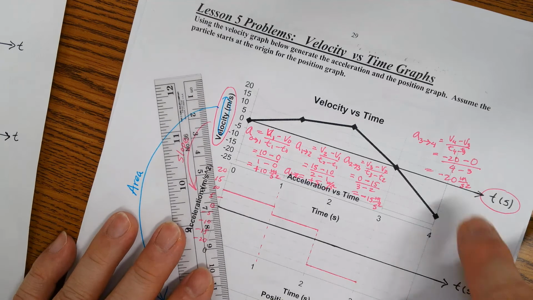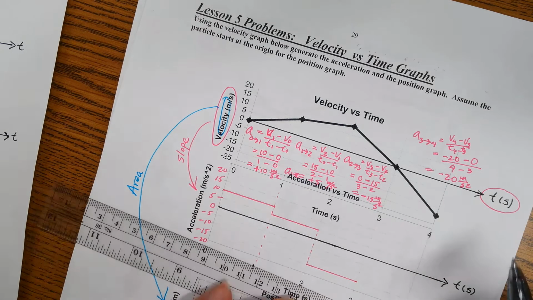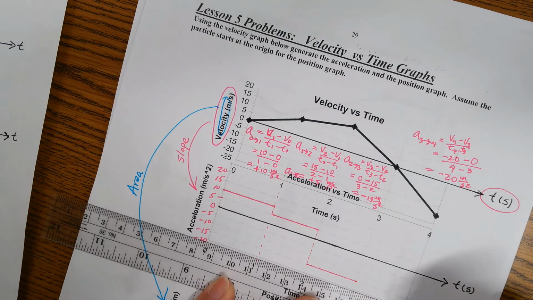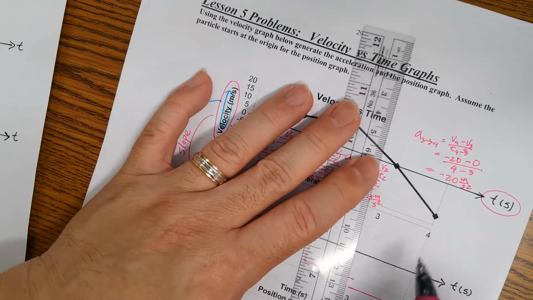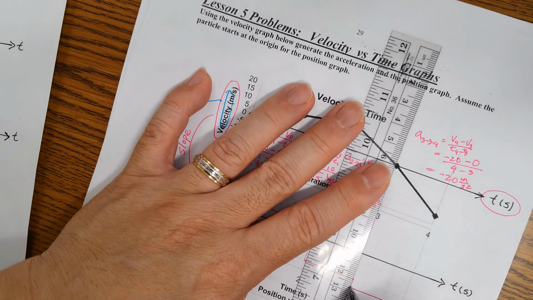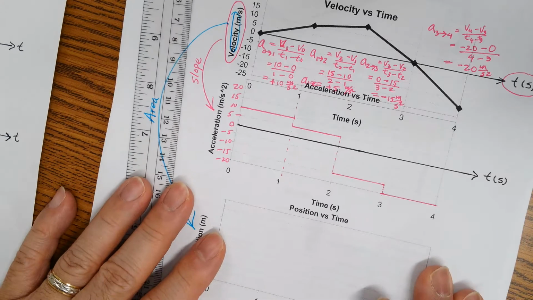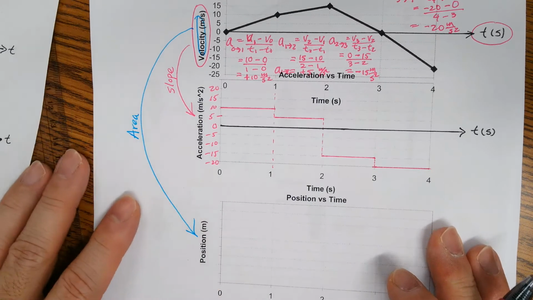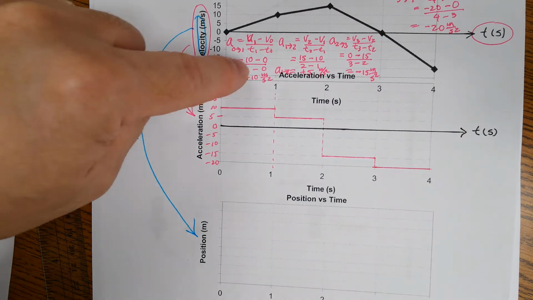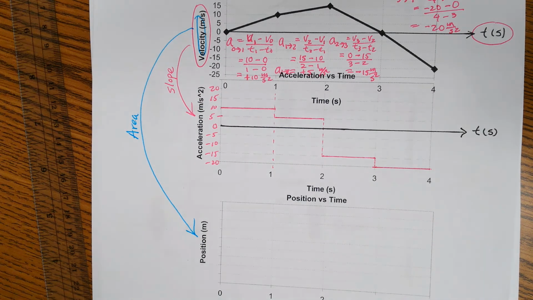And 3 to 4 seconds is negative 20 meters per second squared. So that would be the acceleration versus time function from looking at this, which is the velocity versus time graph.